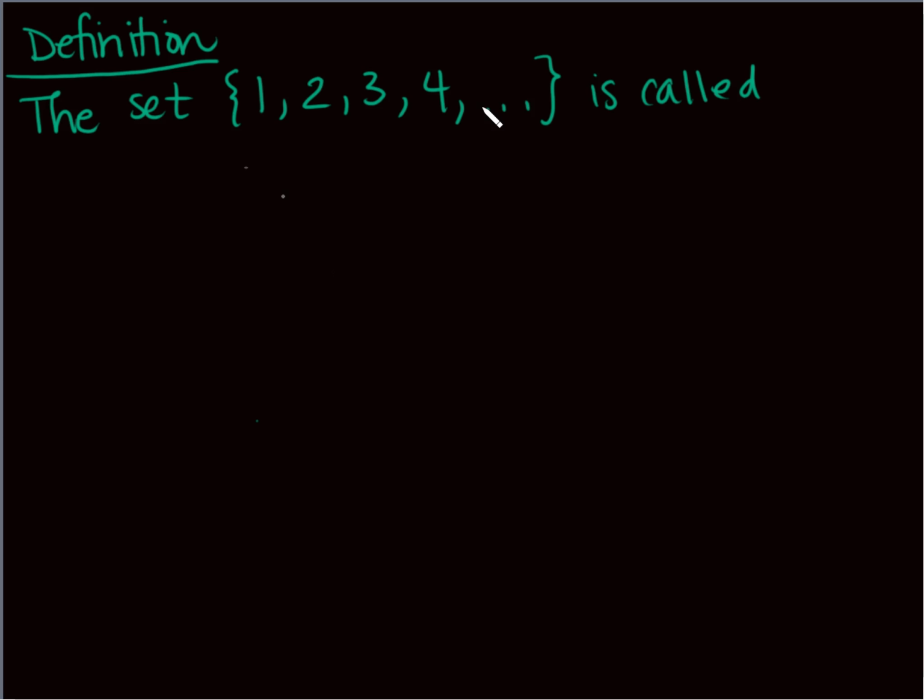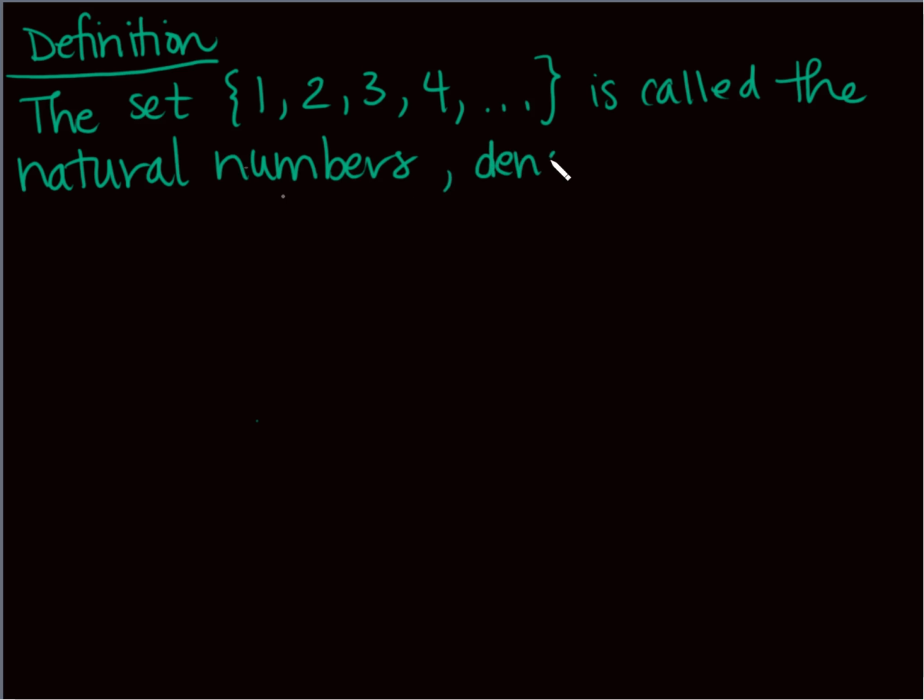Anyway, the set is called the natural numbers, and here is how we denote it. Mathematicians are lazy. I don't want to write out the words "natural numbers" every single time I want to talk about them. We denote it as a bold N. In your book it's just a bold capital N, but it's hard to show bold on the board or in handwriting.